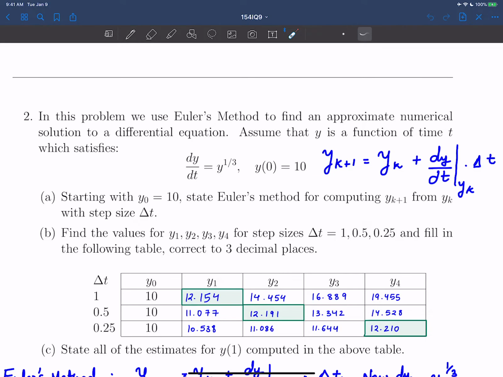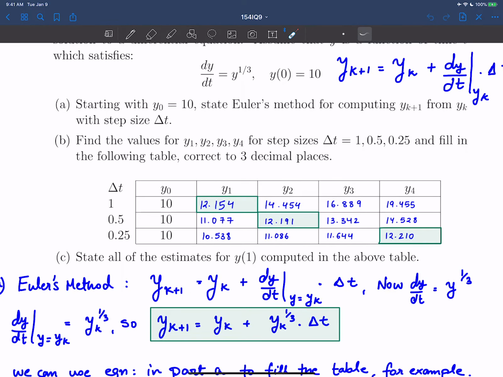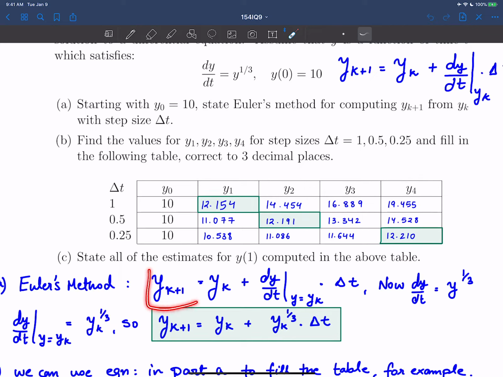That's only the first part A. First part A is only asking you for the formula. The next y is just the previous y plus the derivative at that value times the delta t. We're keeping the delta t because they want you to have it in terms of delta t. But you want to make sure the right side of the equation is only in y of k.